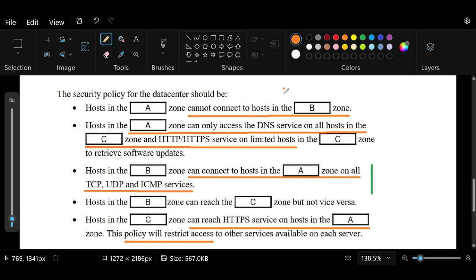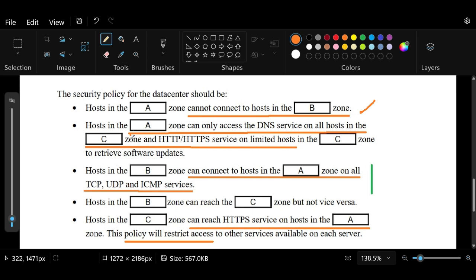In the same way, the public zone, which I thought of as the whole internet, where people outside could access the computers in another zone, then in this case the public zone cannot connect to hosts in the private zone. So that also makes sense, right?